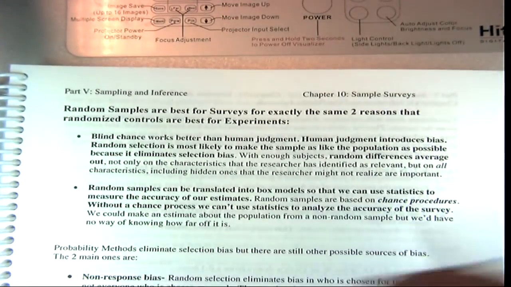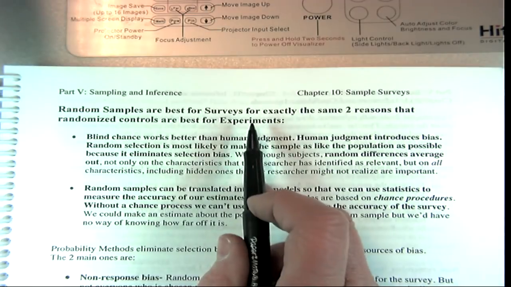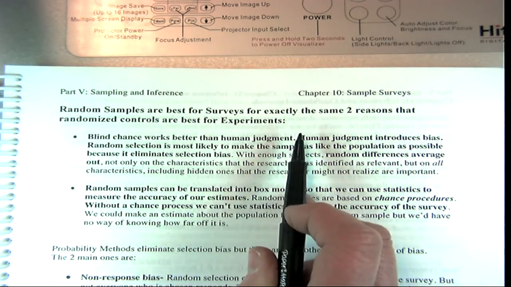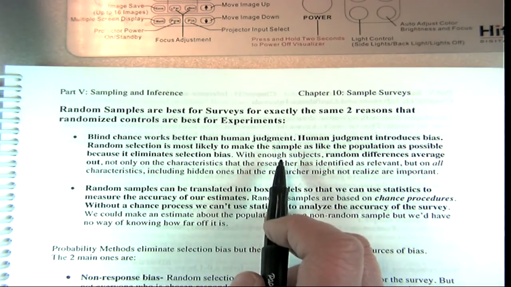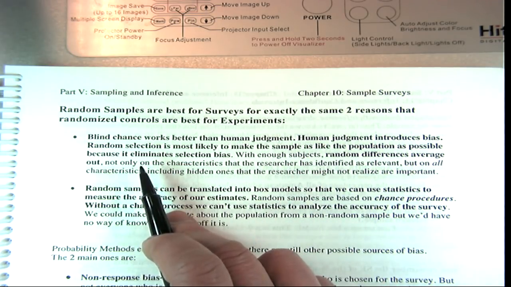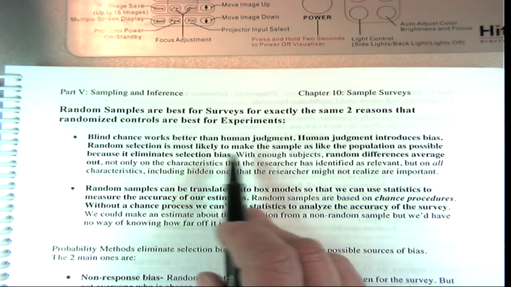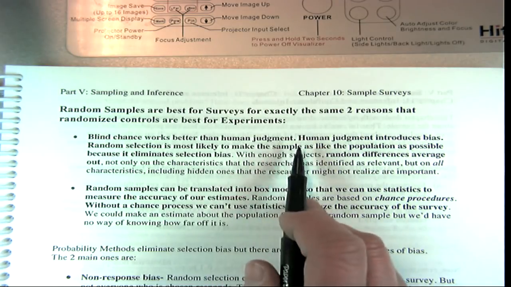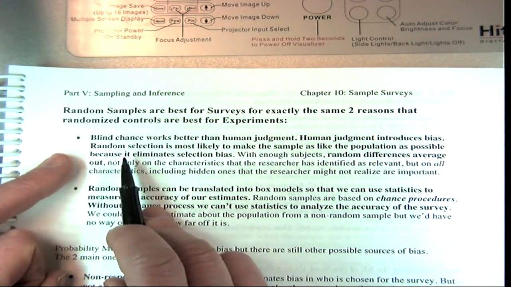So here, random samples are best for surveys for exactly the same two reasons that randomized controls are best for experiments. Basically, the first reason is, as we said, that it eliminates selection bias, right? Human judgment introduces bias.